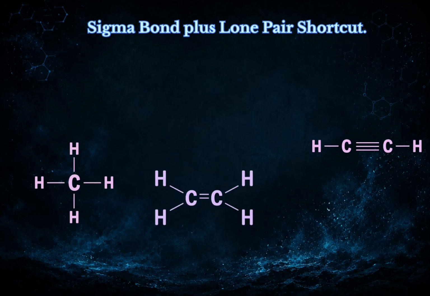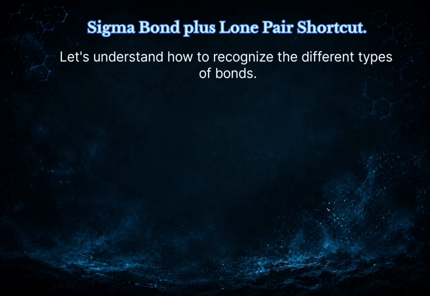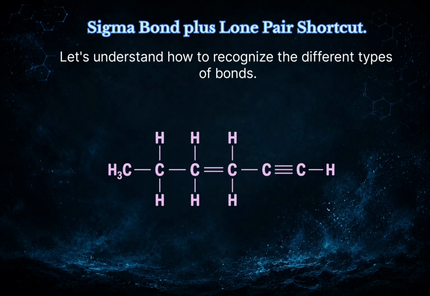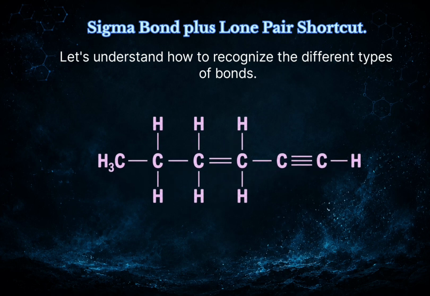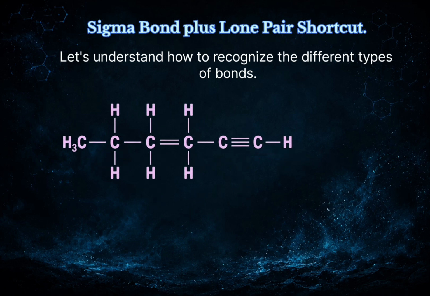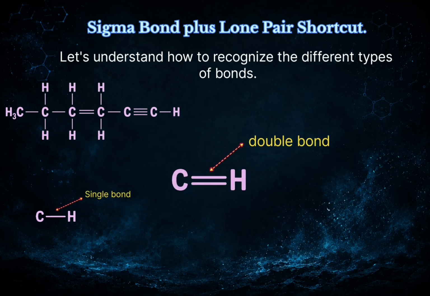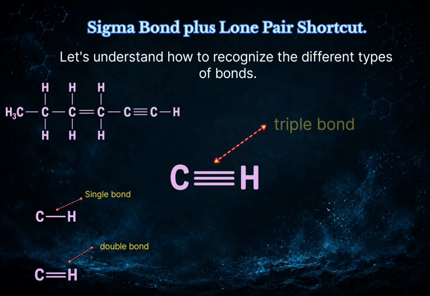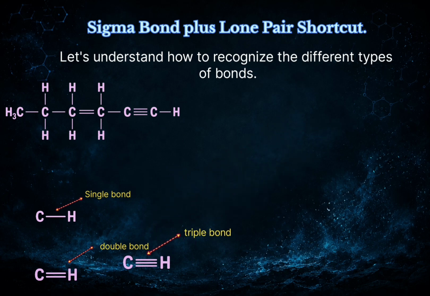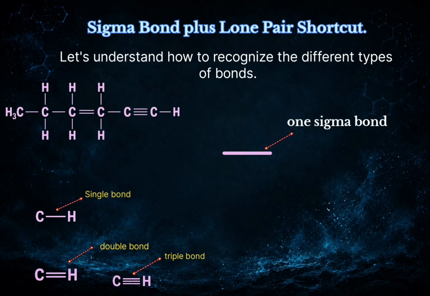So first, let's understand how to recognize the different types of bonds. In a structural formula, each line represents a chemical bond between two atoms. One line represents a single bond, two lines represent a double bond, and three lines represent a triple bond. Now here's the most important rule. A single bond always contains one sigma bond.